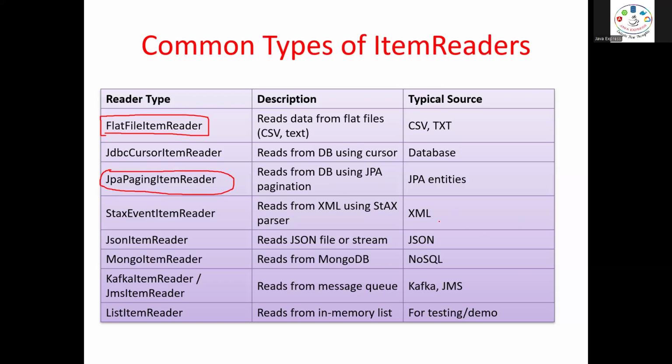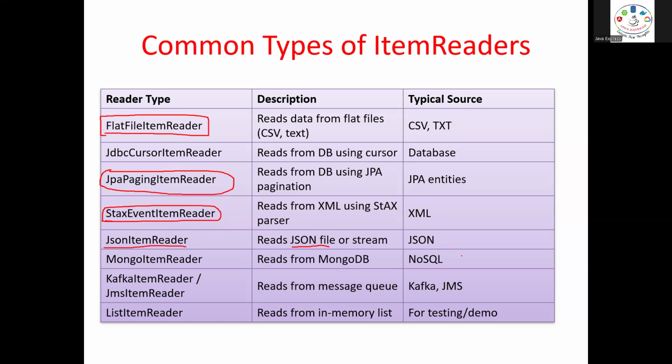Now, if your source is XML, where someone is giving input as XML data, to read your XML data we can use StaxEventItemReader. This is the reader you should utilize. If you have a big JSON file and want to pull the data from it, you can use JsonItemReader.